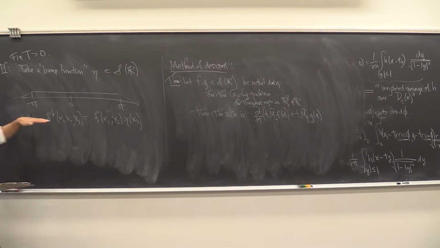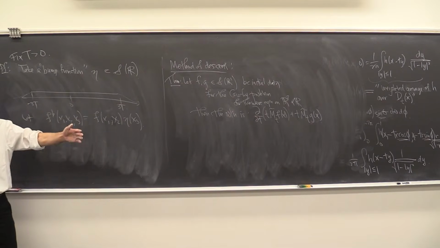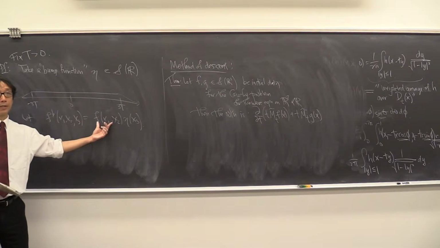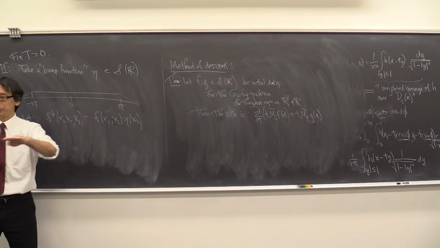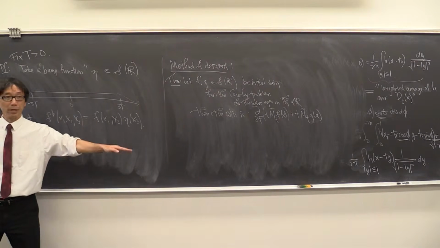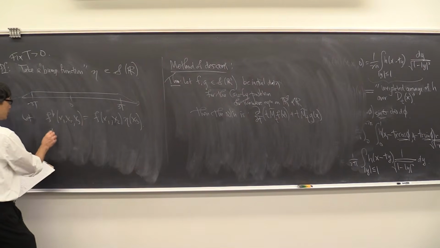As the third variable goes from negative 3t to positive 3t, the function is constant. We just take our data and extend it flat for a certain interval, and then it drops off. Similarly for g.